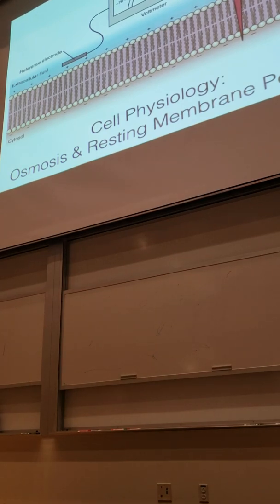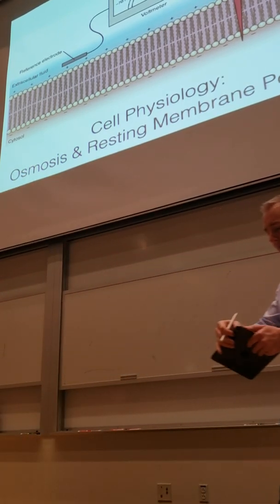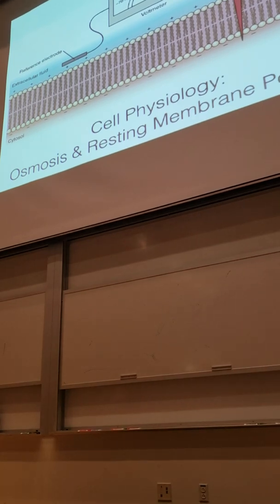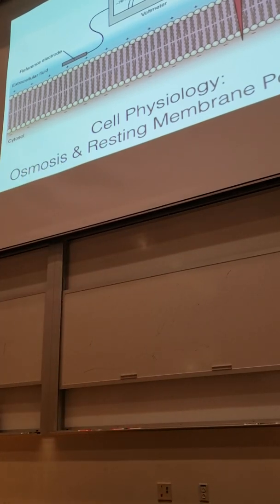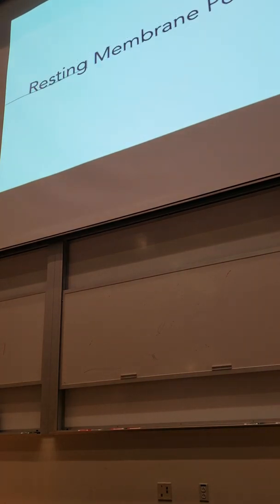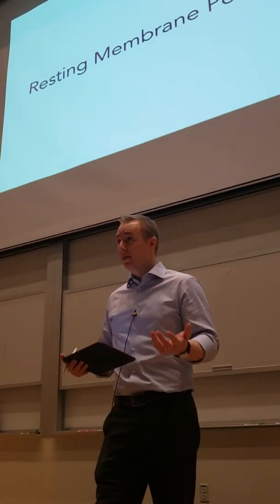So the first thing that we're going to talk about today is the resting membrane potential. This is a concept that's very similar to what we covered in that Sakai reading, and that concept dealt with the equilibrium potential. Resting membrane potential we can define as the measurement of the separation of charge at the cell membrane.